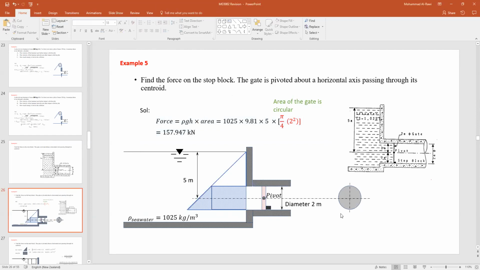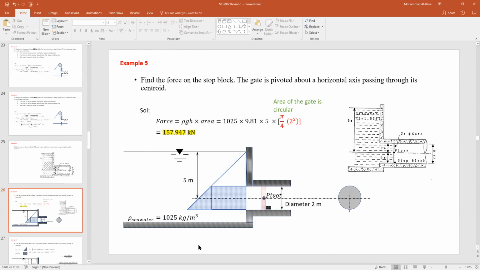I have seen them not look at the information that tells you it is a circular gate. You can see the shape is represented as a circle. If for any reason you multiply 2 times 1, you will definitely get a different area. Solving this will give you an answer of 157.947 kilonewtons. That's the amount of the force.